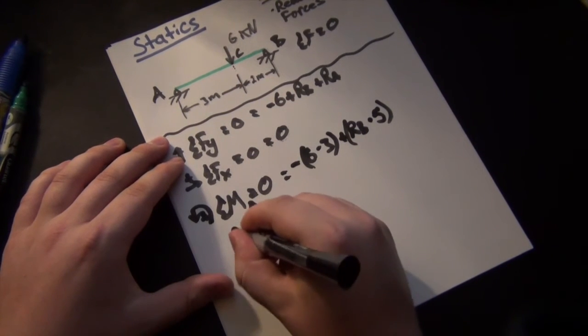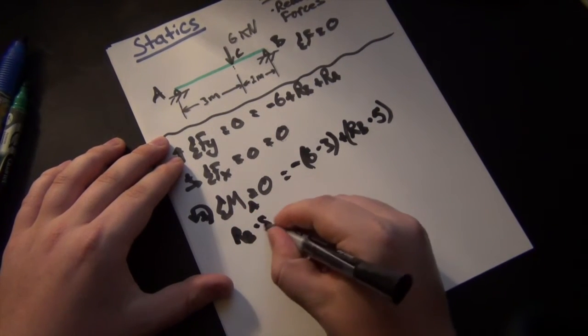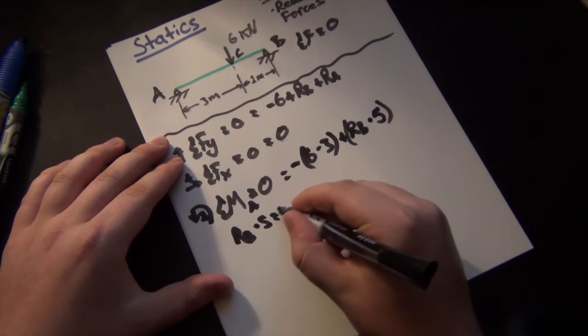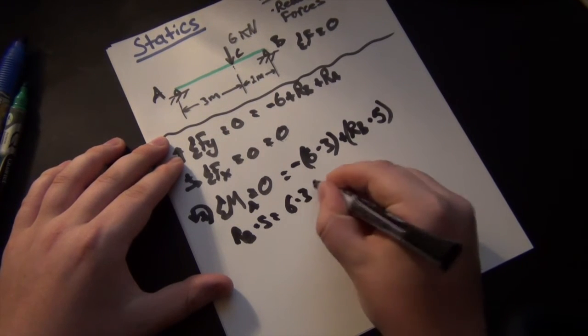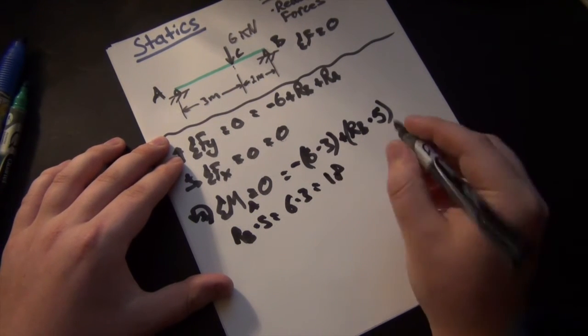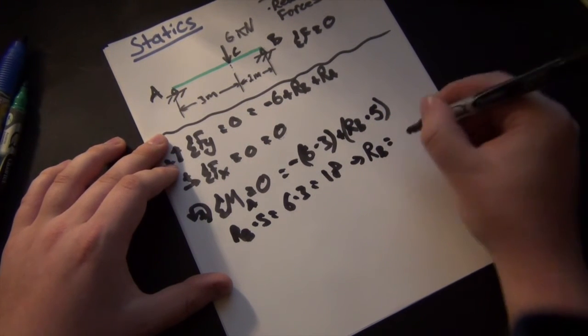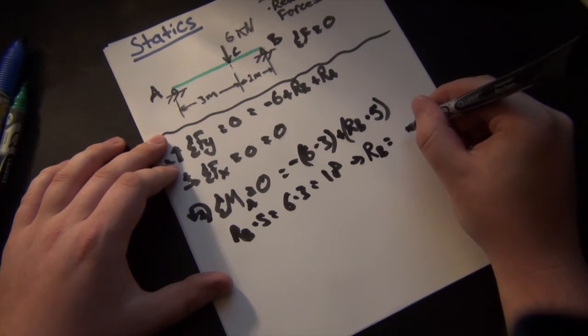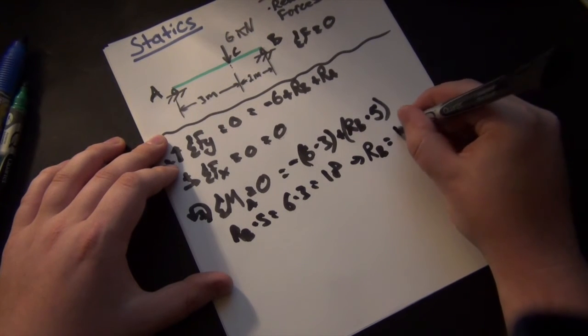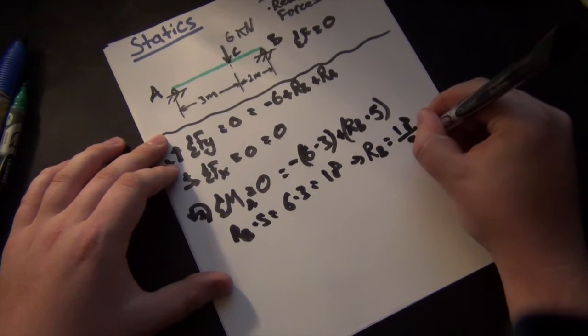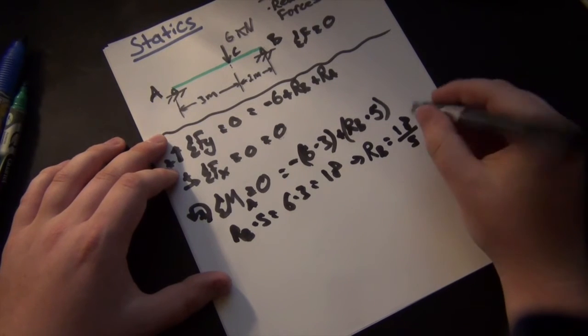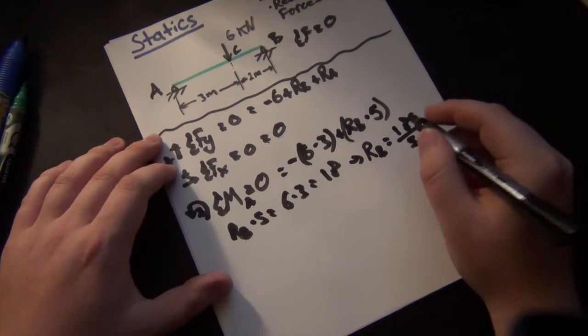So we have RB times 5 equals plus 6 times 3, which is equal to 18. Sorry if this is getting a little messy. So we have RB is equal to 18/5. What number that comes to, I don't know, but I will let you know in a sec.